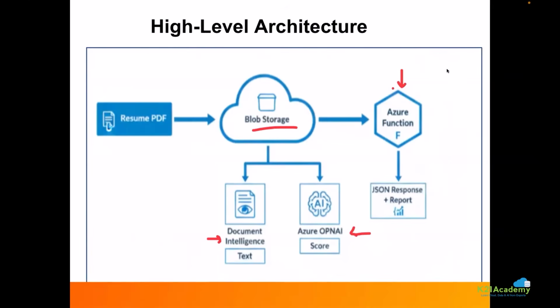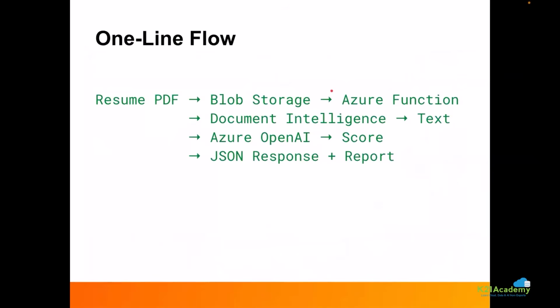All right. To understand that once again, what I have discussed earlier: we have a resume. I just want everyone to be on the same level. We have a PDF, and we are going to ingest it in the storage account. As you upload it, it will automatically trigger this Azure function. As the Azure function triggers, it will call the AI service, that is doc intelligence, for extracting the text data.